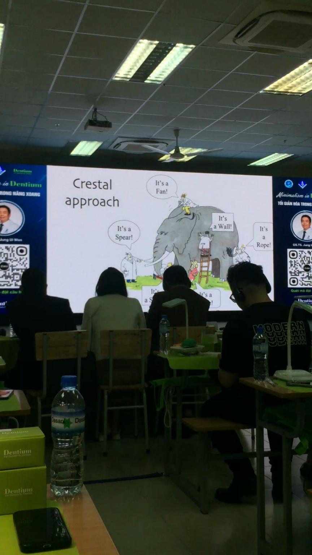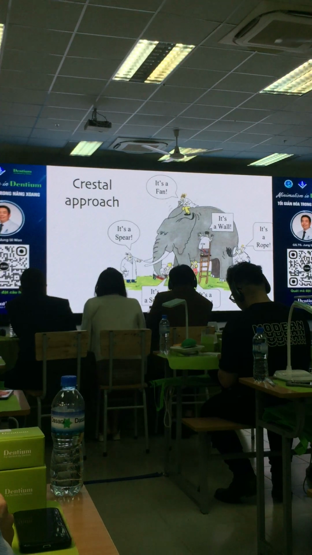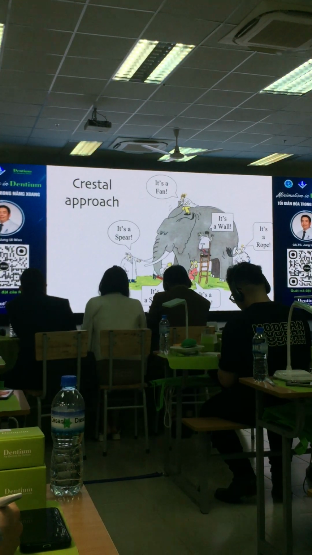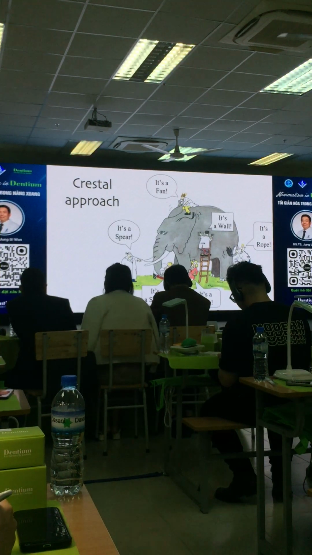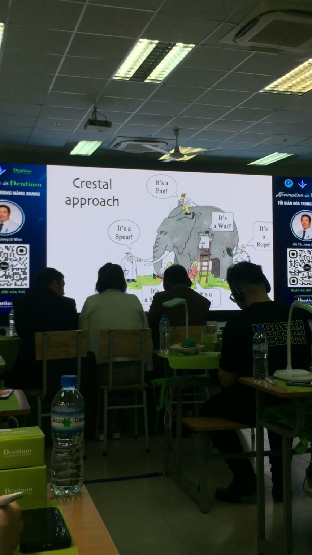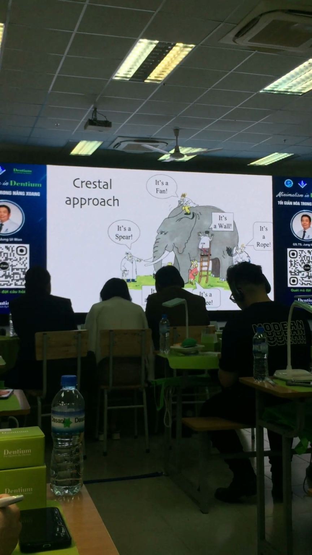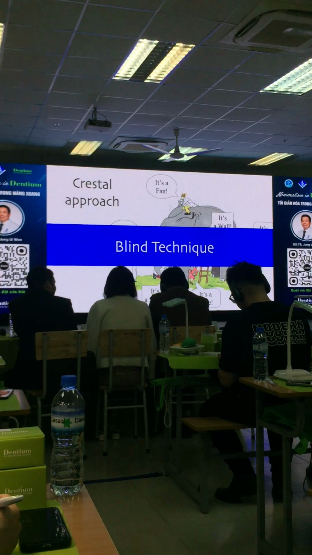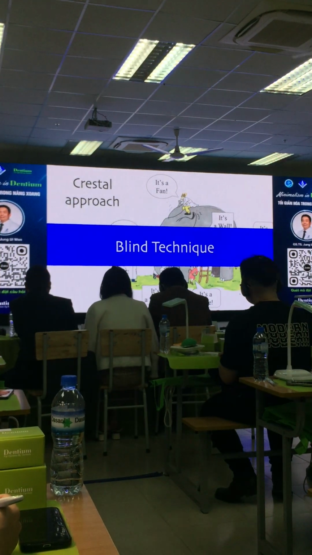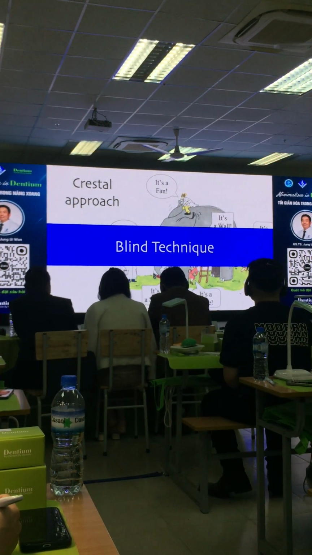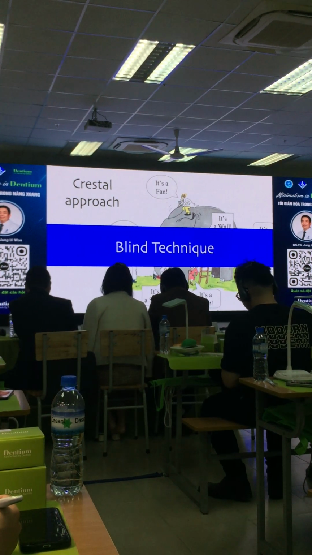In spite of the less invasiveness of the crestal approach, like the blind man and elephant, visual access is limited in this procedure. The success of surgery relies on the experience and anatomical knowledge of the surgeon. Therefore, crestal approach has the downside of being a blind technique, and tapping with a mallet may cause unpleasant feeling and positional vertigo.